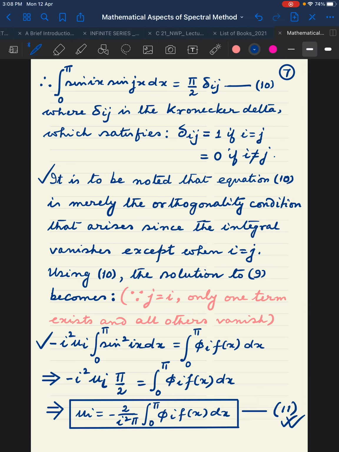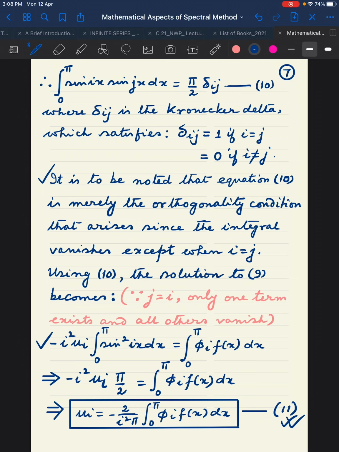In 11, we see that we have got the value of u_i, or u_j, whatever you see, as 2 by minus i square pi times the integral from 0 to pi of phi i f(x) dx.